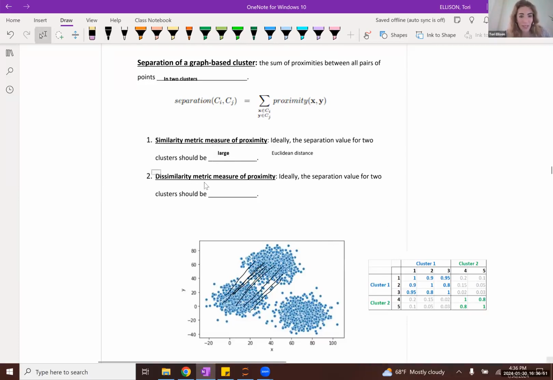And if we're using a dissimilarity metric measure of proximity, for instance like the cosine similarity magnitude, then ideally we would want the sum of all the intra-cluster proximities like this to be small.